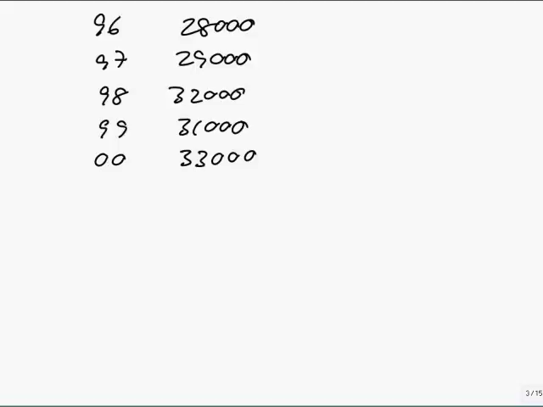The second year it went up quite a lot, 3,000 on 29. The next year it went down a bit. And then the last year it went up 2 on 31, you know? So the growth rate hasn't been constant. However, all you'd be expected to calculate is what's the average rate of growth per year over that period. All right? So on average, is it 2% a year? On average, is it 10% a year?